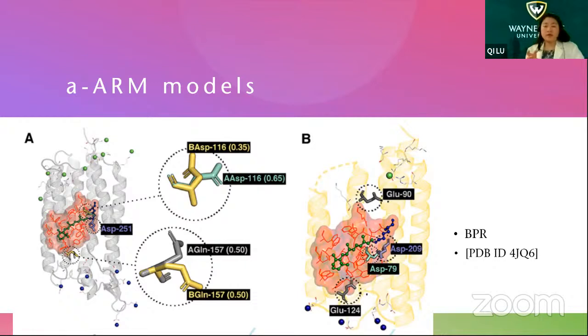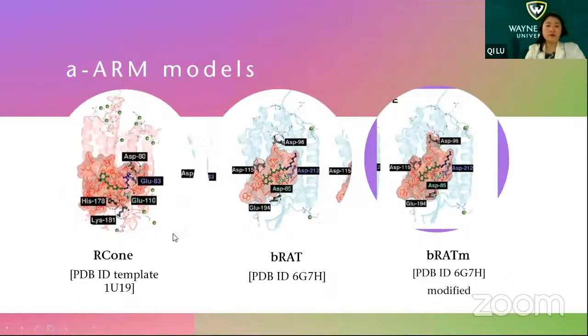So here it shows some results. They give some examples like BPR, rhodopsin and BRAT, and the core part has a given mutation that is modified.